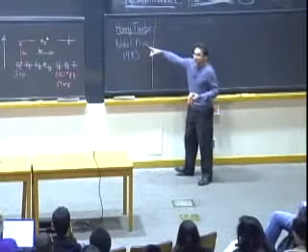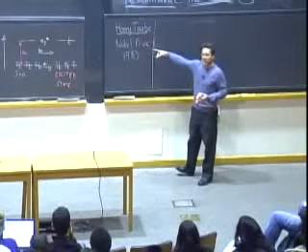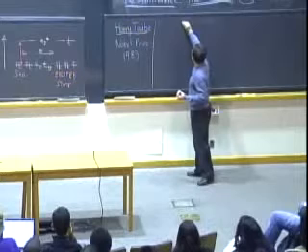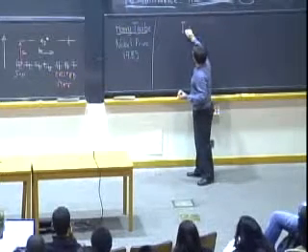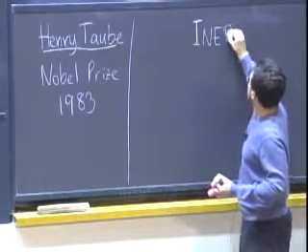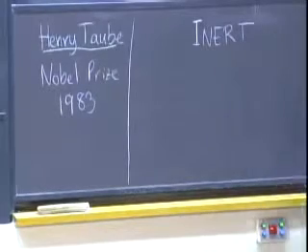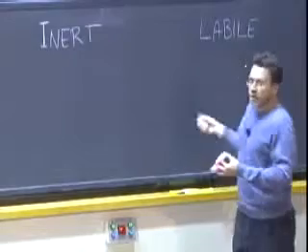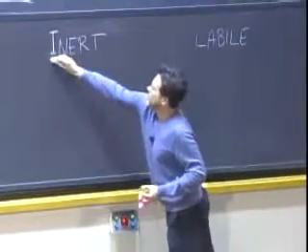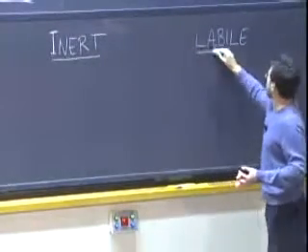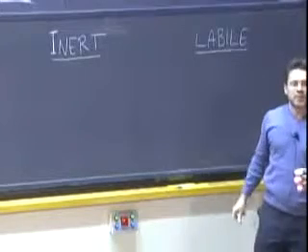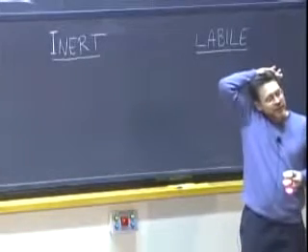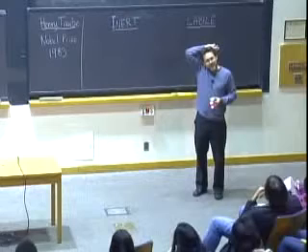But Henry Taube, this Nobel Prize winner, coined the terms inert and labile. These terms, inert and labile, refer to rates of ligand substitution reactions.